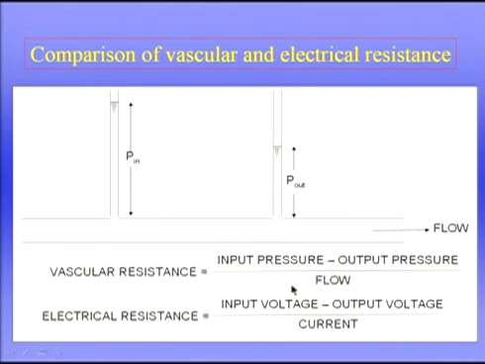Now you can see that this is basically the same as electrical resistance. Electrical resistance is the input voltage, pressure, minus the output voltage divided by the current, or the flow. That's the electrical resistance. And so these are comparable. The definitions are basically the same. However, it turns out that there are very important differences between vascular resistance and electrical resistance.